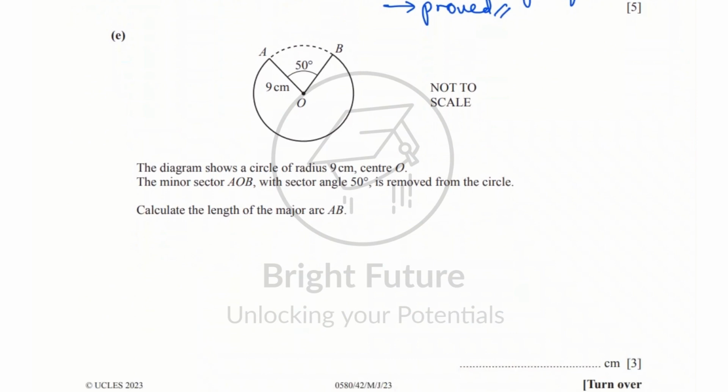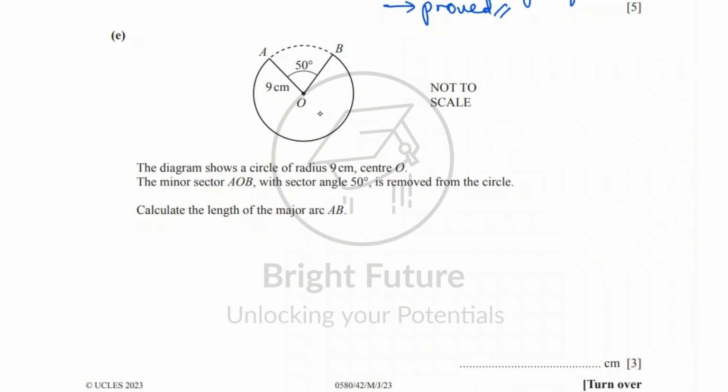And the next question. The diagram shows a circle with radius 9, center O, the minor arc AOB with sector angle 50 is removed from the circle. Calculate the length of the major arc AB. 3 mark question.